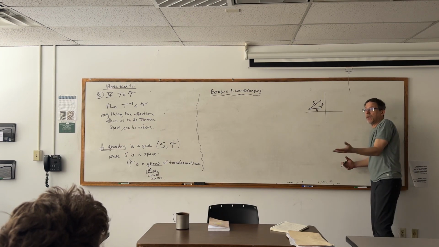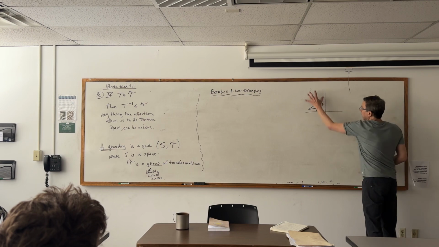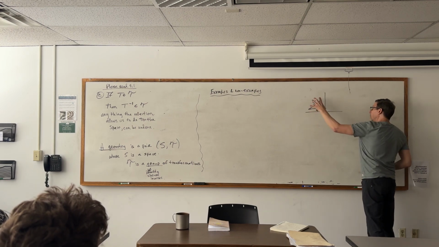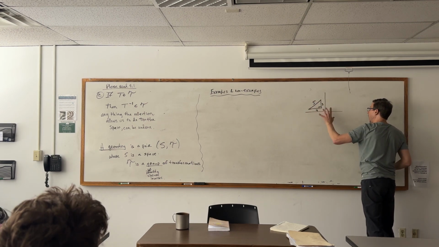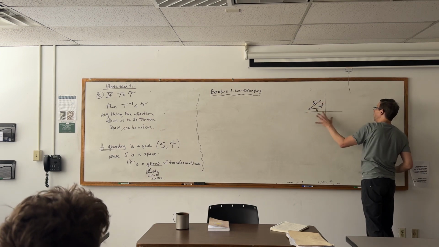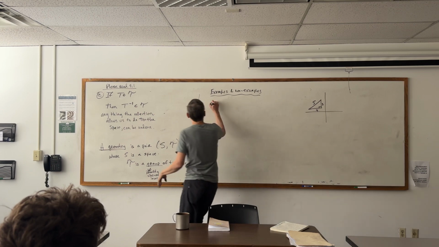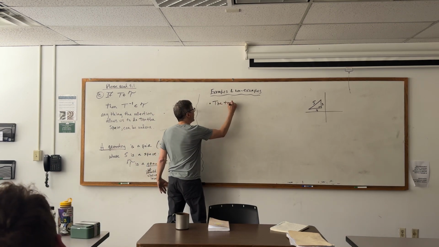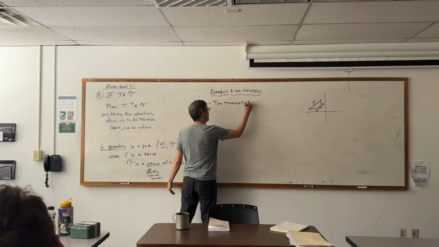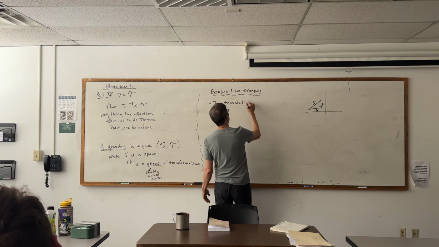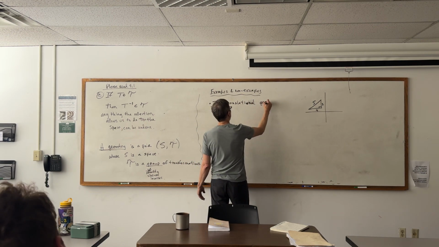The most basic thing, move it, just slide it around. No rotation in this geometry. This is called the translational geometry, our first example. Super basic. The translational geometry.